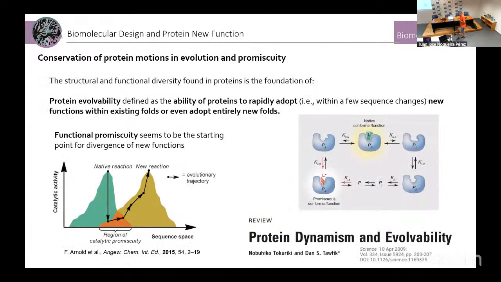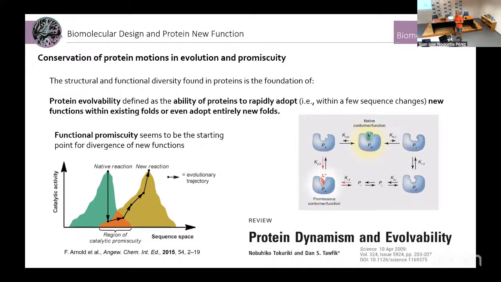Going deeper into how we can use the concept of free energy landscapes to understand protein evolution and to predict new functions in proteins. The fact that proteins are flexible, that they have this plasticity, this intrinsic conformational dynamics described by free energy landscapes, gives them the ability to adopt different conformational states that sometimes allow for functional promiscuity.